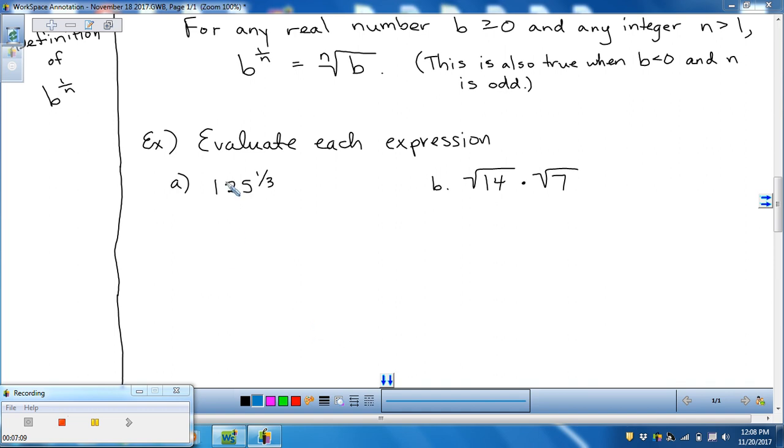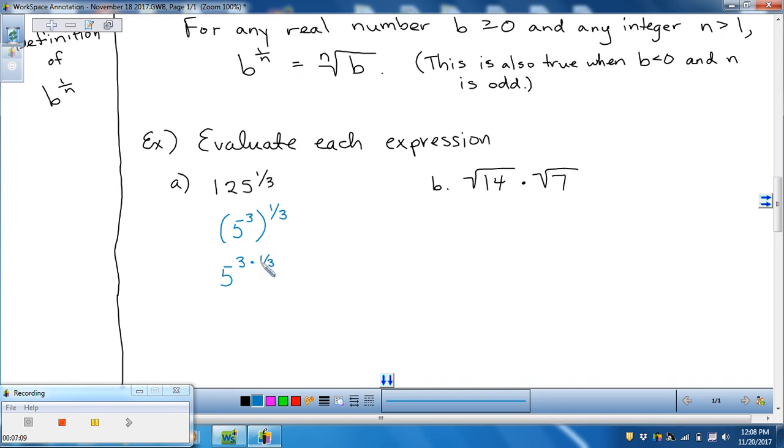First thing we're going to do is break down the 125 into its basic components. 125 is 5 to the 3rd power, and we want to raise that to the 1/3 power. Now we're going to do power to a power rule. So we have 5 to the 3rd times 1/3 in our powers.